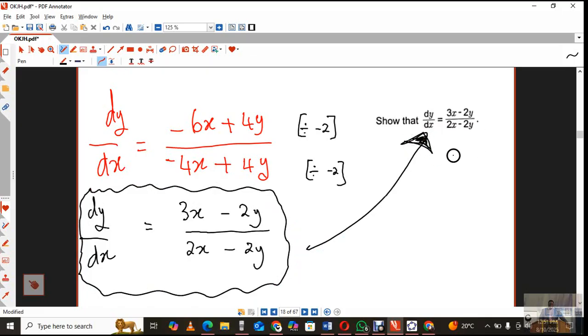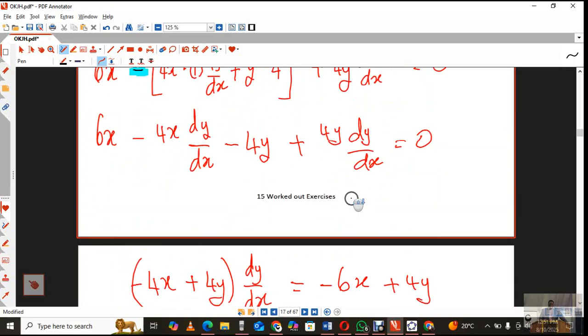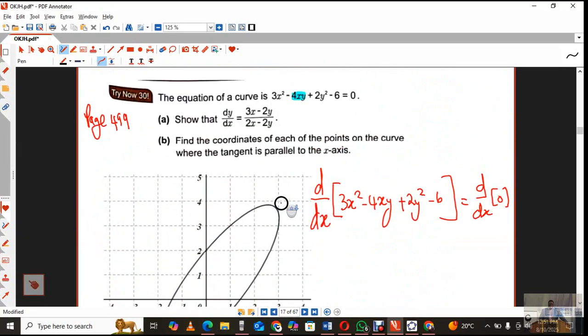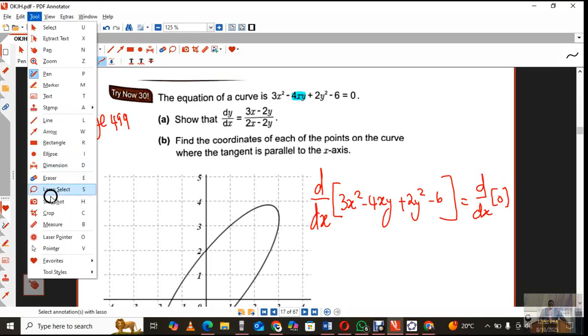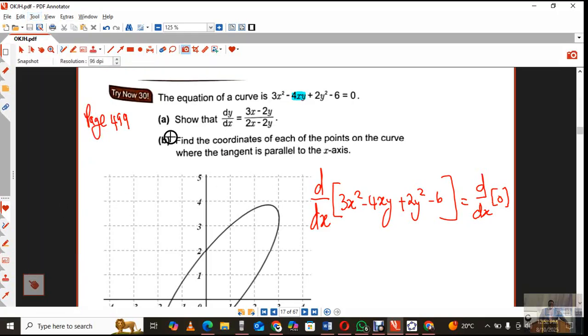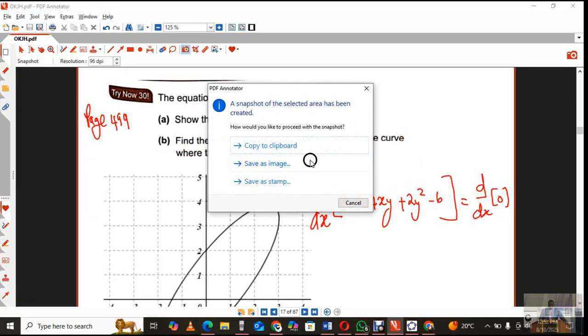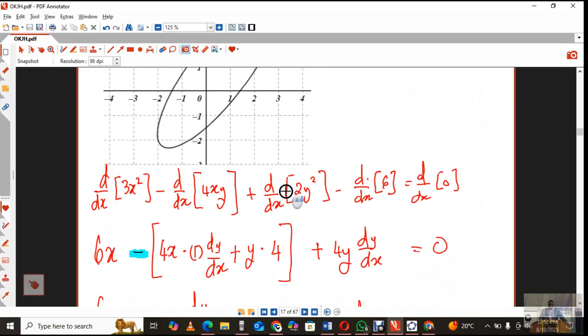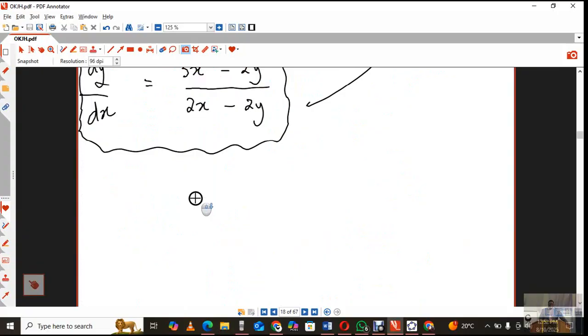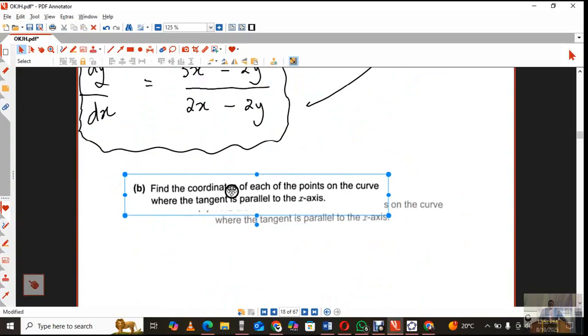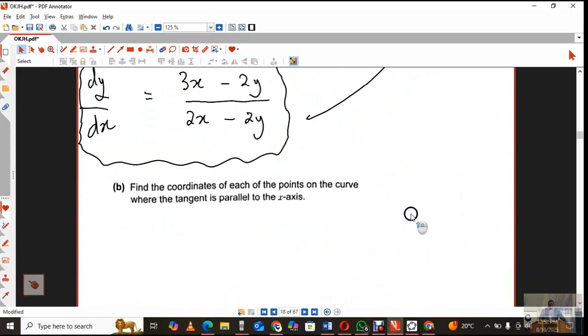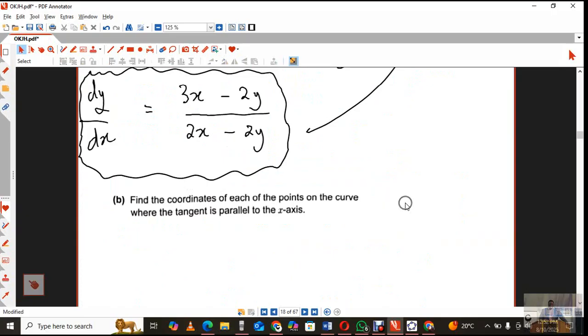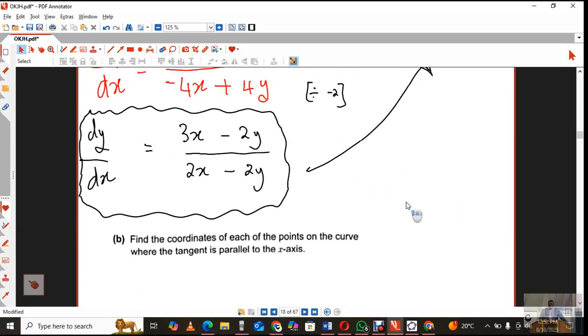Now, there is a B part to this question. So let's go grab that B part. It says find the coordinates of each of the points on the curve where the tangent is parallel to the x-axis.